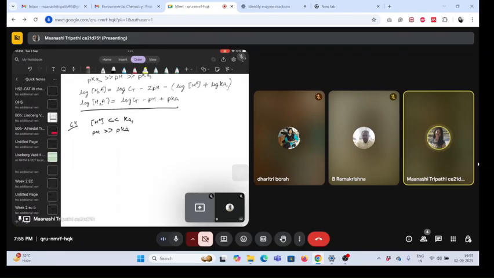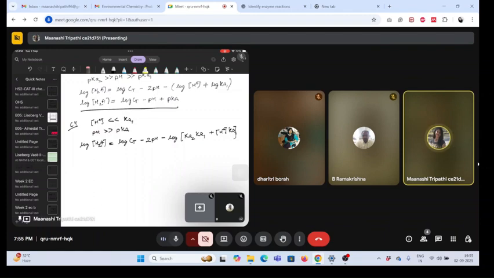Then what are we going to get? Log H2A is equal to log Ct minus 2pH minus log Ka1 Ka2 plus H plus Ka1.